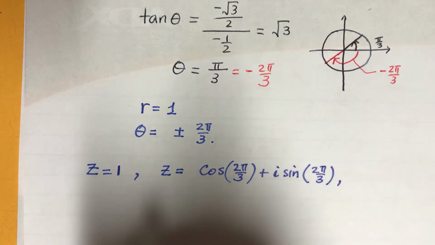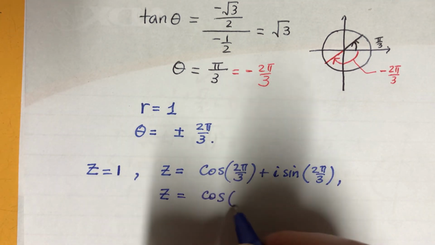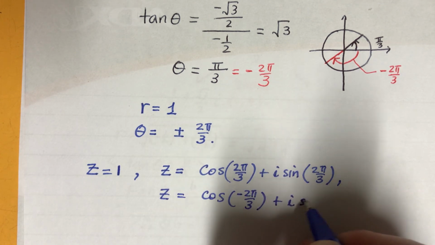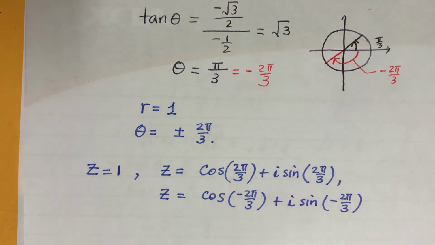And another one will be z equals cos minus 2 pi over 3 plus i sin minus 2 pi over 3. Okay, so that's what happens.